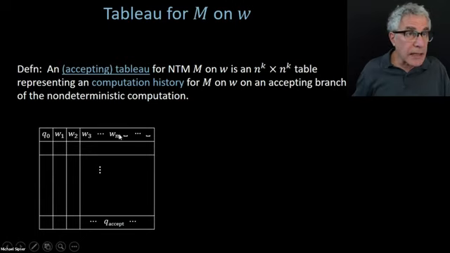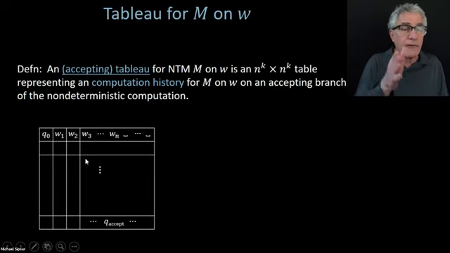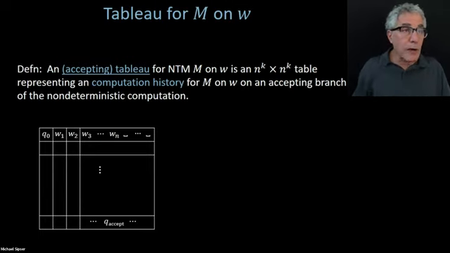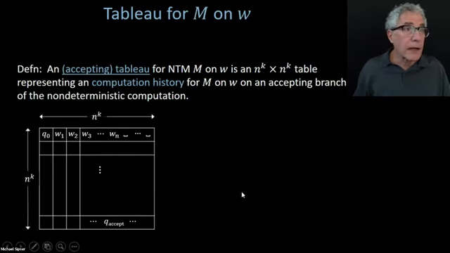Instead of writing the computation history out linearly, we're going to represent it in a table form where each configuration is going to be on a separate row. Now, the dimensions of that table are going to be n to the k by n to the k, because the machine runs for n to the k steps.